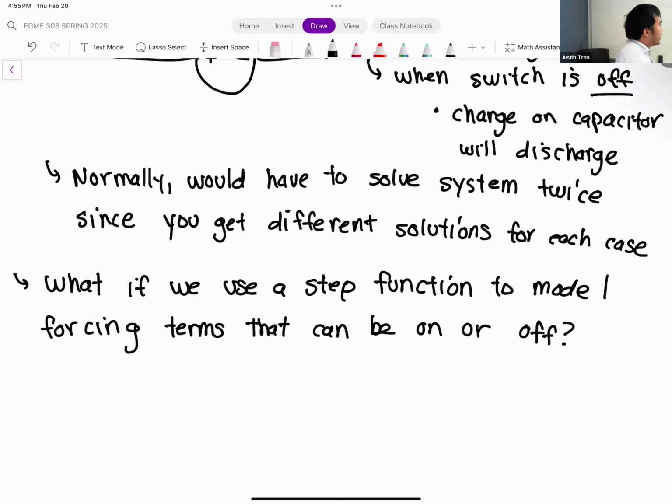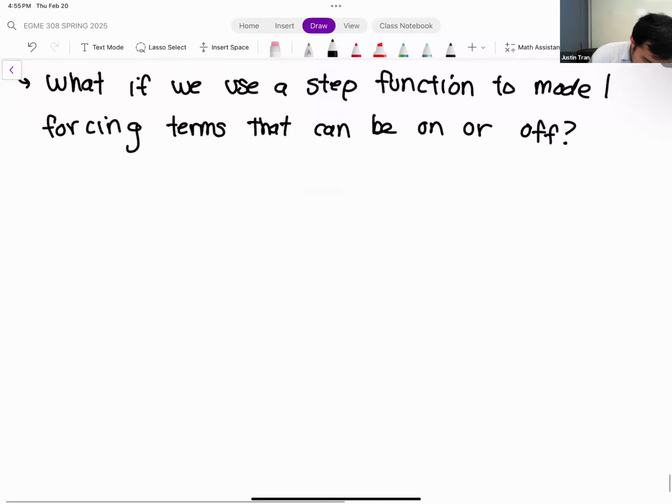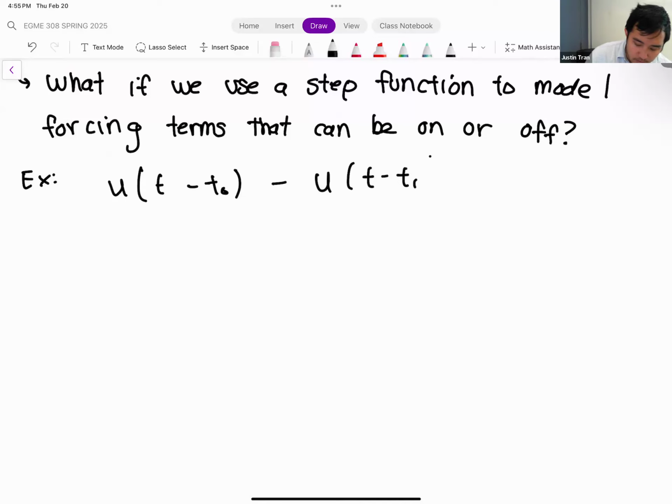All right, so for example, let's take the difference between two different step functions, each activated at different times. So let's say we take u of t minus t naught, and from that we subtract u of t minus t1, where t1 is greater than t naught.